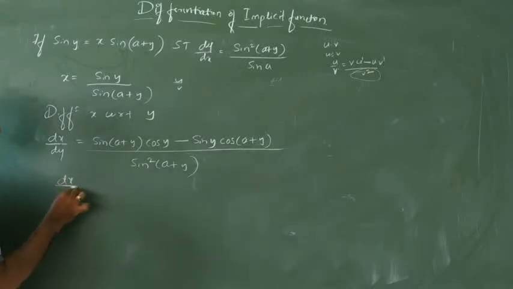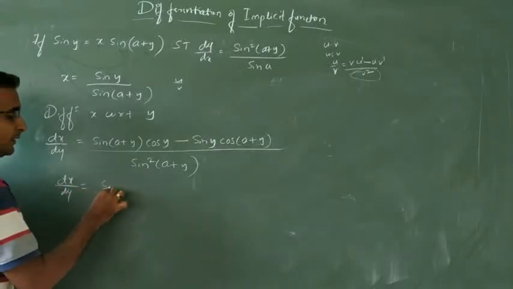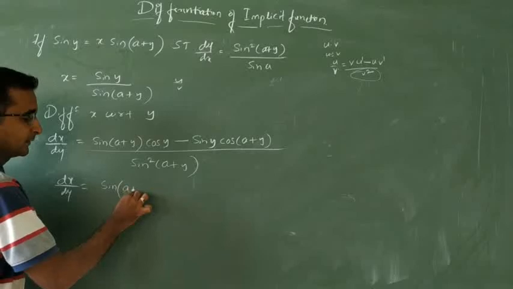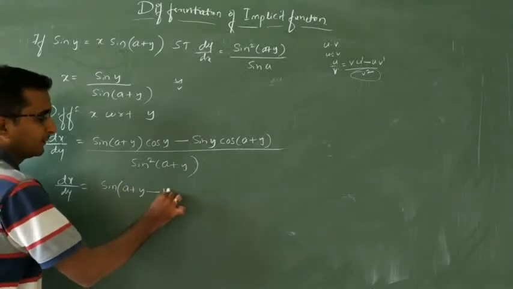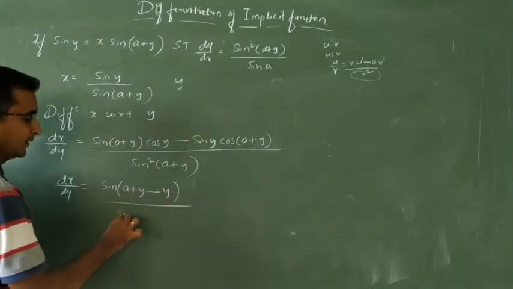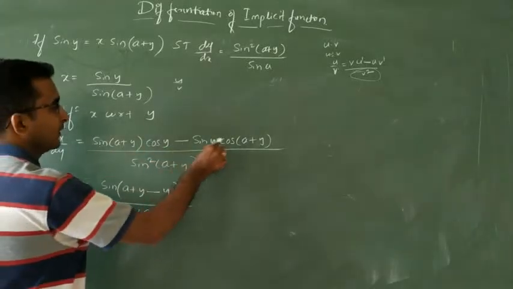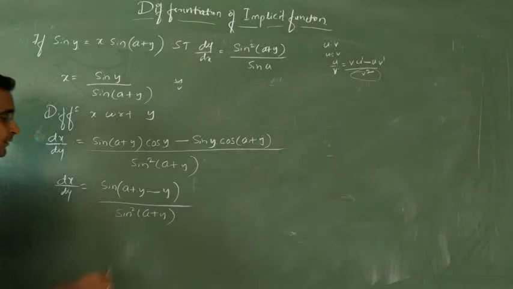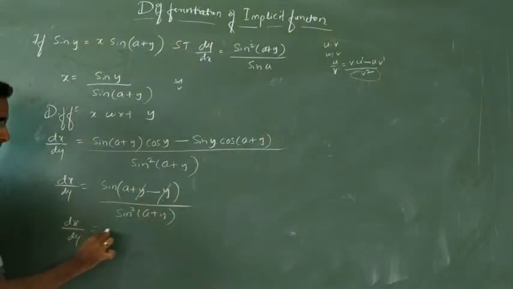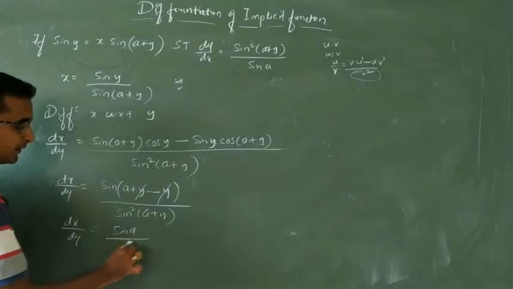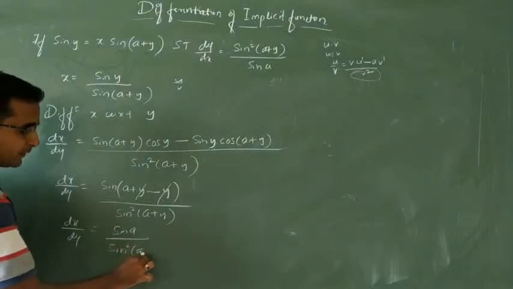That is dx by dy is nothing but sin of x minus y divided by what? Sin square of a plus y. This is sin x cos y minus cos x sin y. Then plus y minus y get cancelled. Then dx by dy is what? Sin of a divided by sin square of a plus y.